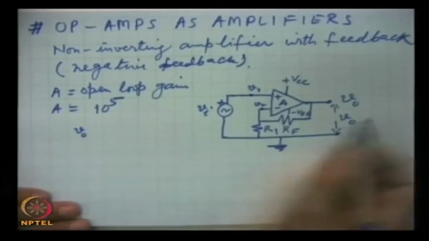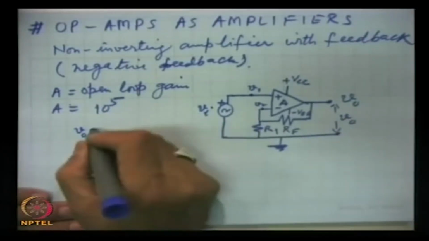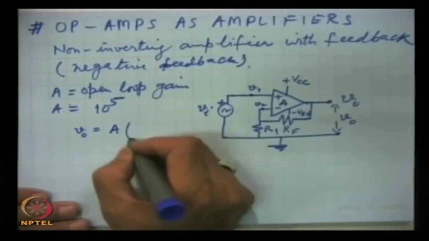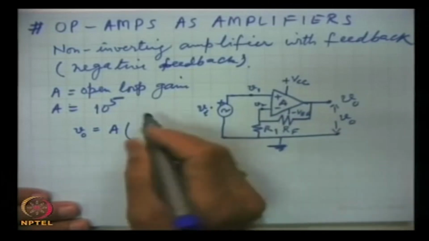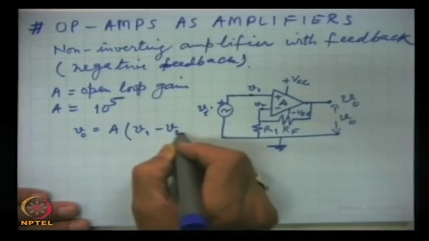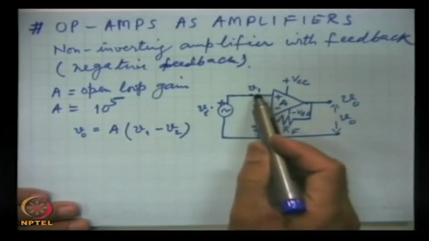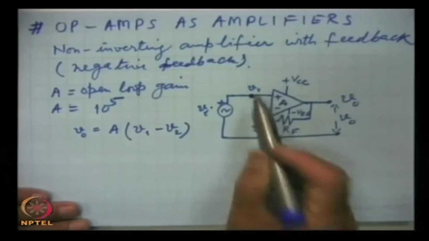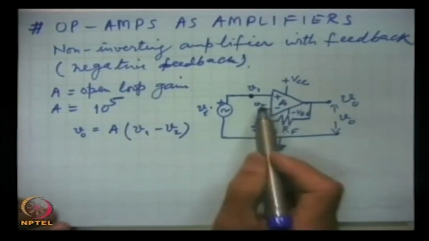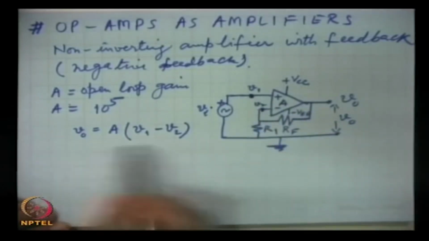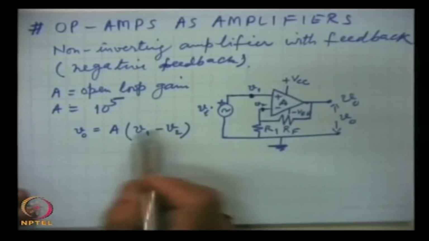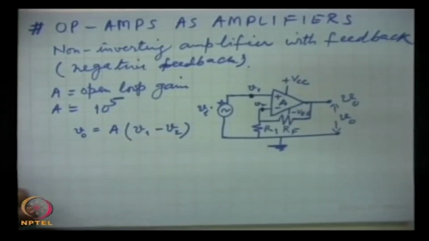Now, this V out is simply the gain times the difference of two voltages, V1 minus V2. Whatever is the voltage here, that is V1, and whatever is the voltage here, that is V2. So, the difference of this, multiplied with the gain, will be the output.